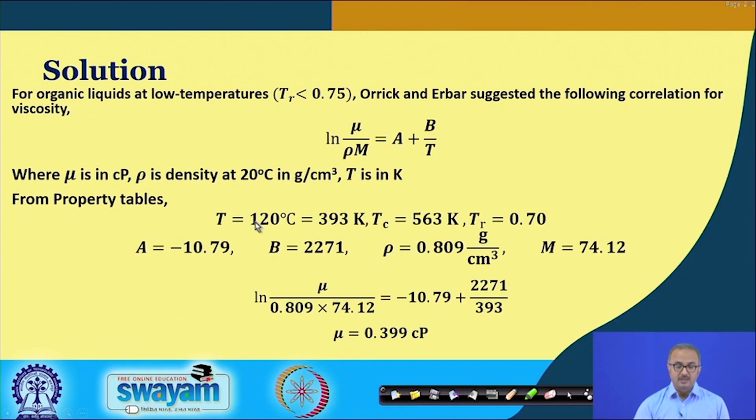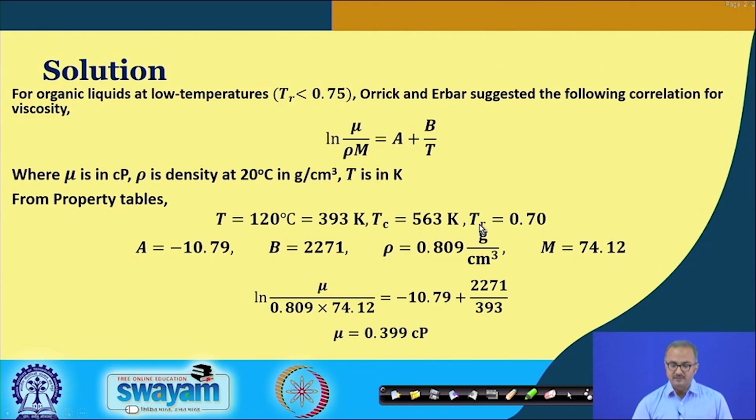With this, we again get the values of the various parameters from the source book, and we find that as per Tc and the given temperature, 120 degrees centigrade, we get the value of Tr like this. Please note that whenever you are finding the reduced temperature, always convert centigrade into Kelvin, otherwise you are again going to land up with a wrong result. So, you convert it to Kelvin, 393 K, and then divide by the critical temperature.